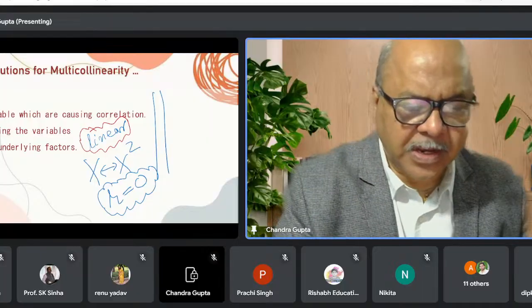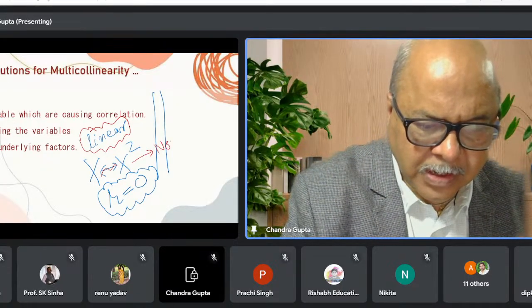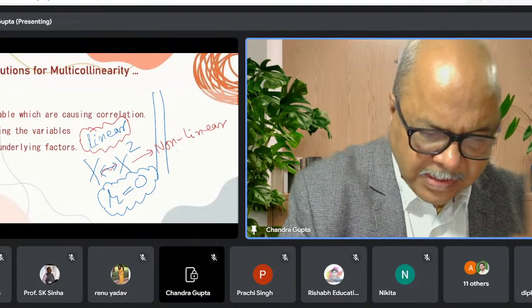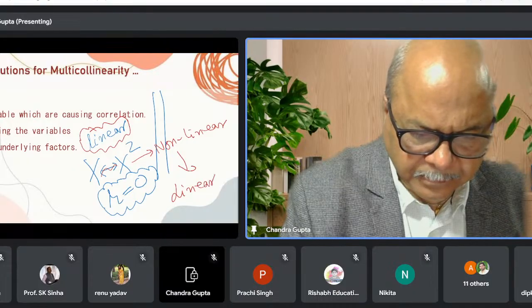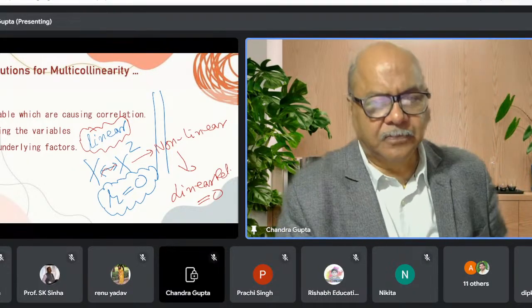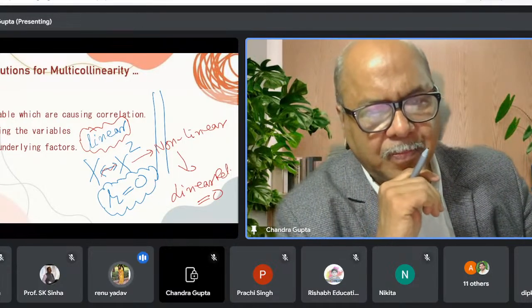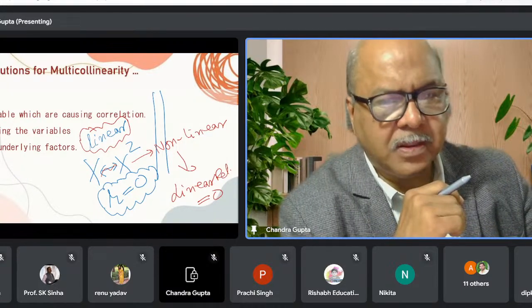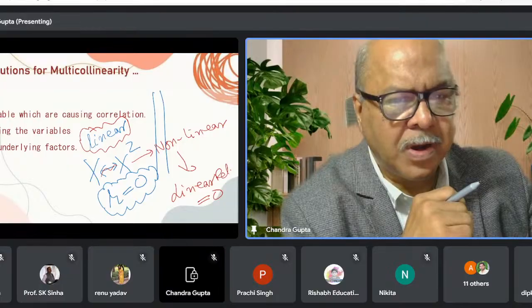But here the relation is not linear, the relation is non-linear. As a result, the linear relation is 0. Okay, sir. So if you have x square in your model, then theoretically speaking, your model does not have the multicollinearity problem.